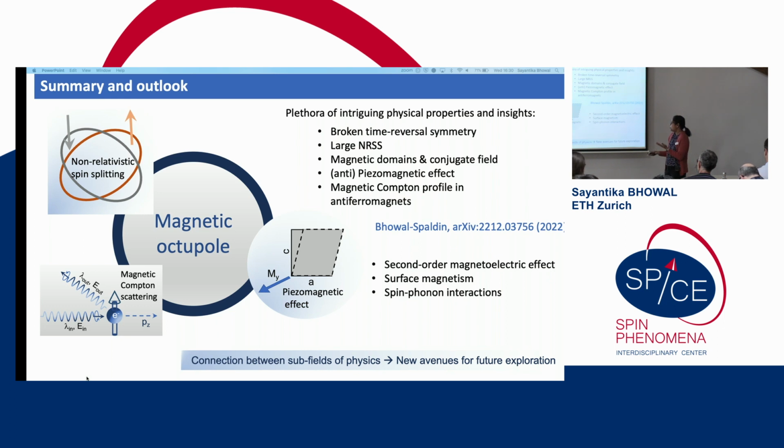And it has also opened up a lot of new directions that need to be investigated, particularly for the case of manganese difluoride. There's scope for investigating second-order magnetoelectric effects, surface magnetism, and spin-phonon interaction, and hopefully this will motivate more theoretical and experimental work along this direction.